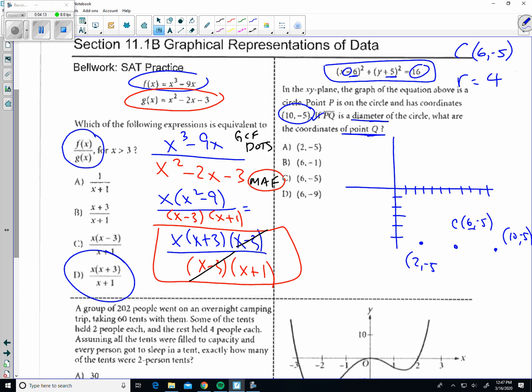And that would represent point Q. Over here is point P. If I sketch a decent looking circle, the diameter of the circle has got to connect those 2 points, and that looks like a pretty good diameter there. Question, where is point Q? I believe point Q is at letter A there, 2, -5.